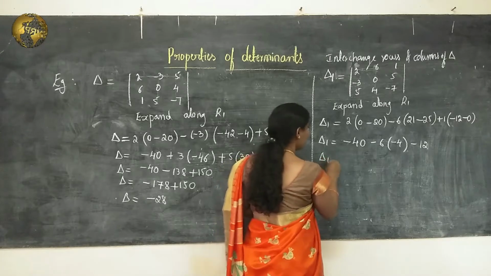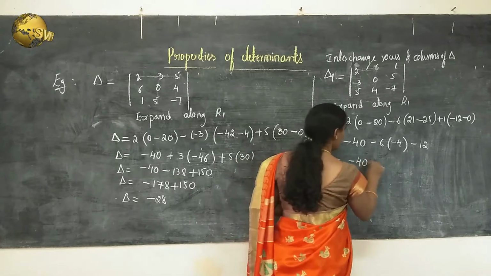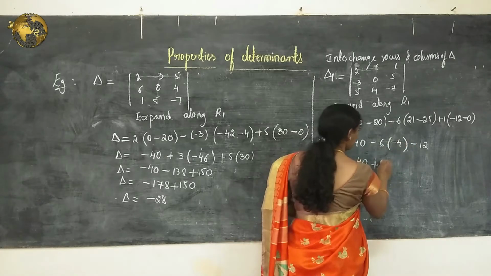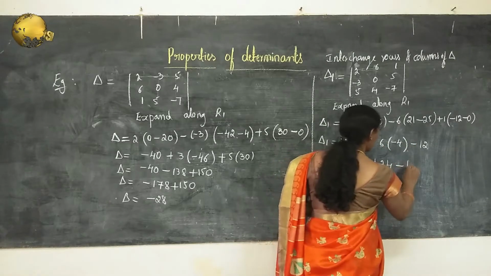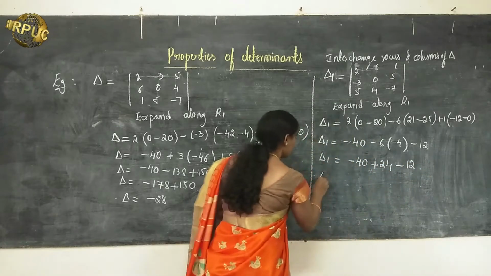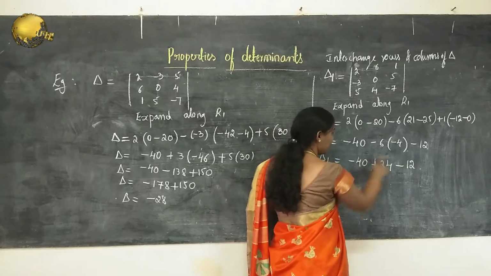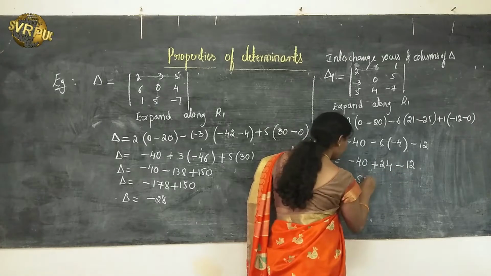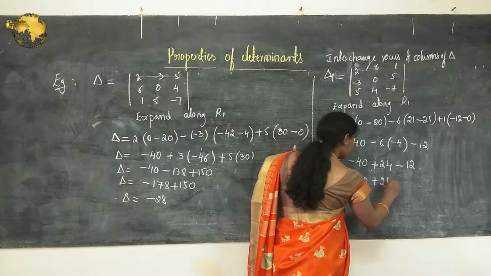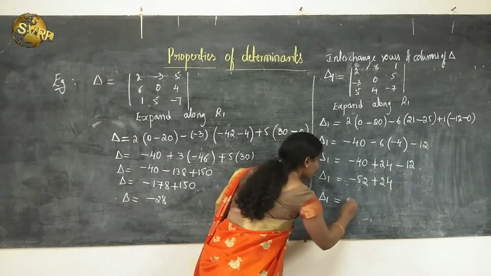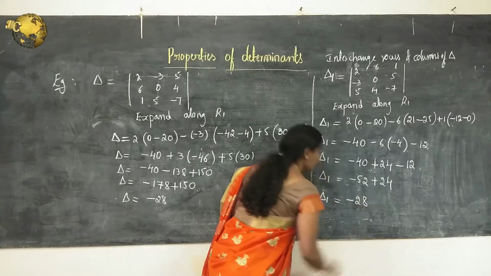So delta 1 is equal to minus 40, minus into minus plus, 6 4s are 24, minus 12. So delta 1 is equal to minus 40 minus 12, that is minus 52, plus 24. So delta 1 is equal to minus 28.